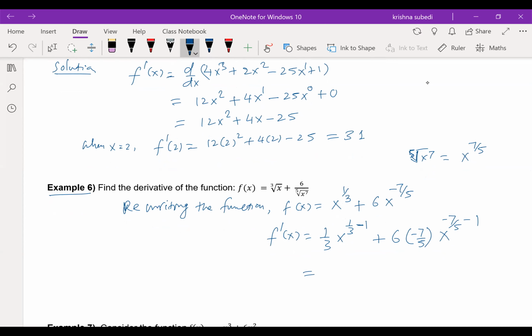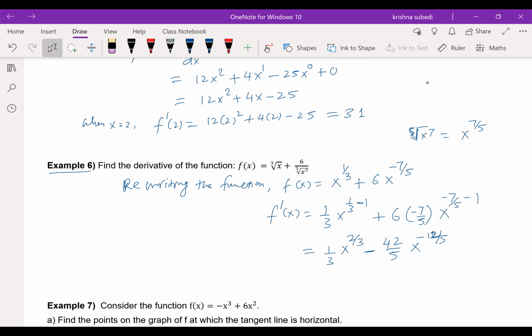So simplifying this, you will get 1 over 3 x raised to the power negative 2 over 3, and minus 42 over 5 x raised to the power negative 12 over 5.